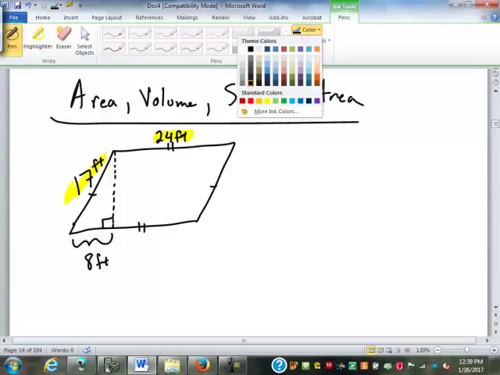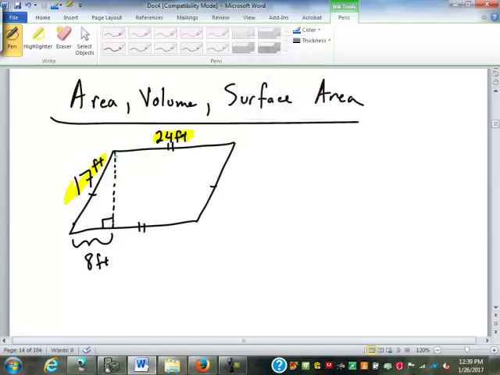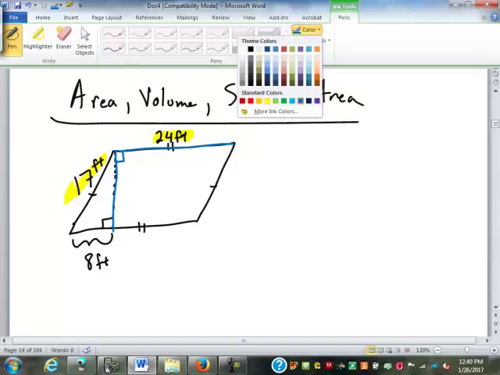No. When I'm looking at areas, I have to have two dimensions that are not equal, but perpendicular. They have to be right angles to each other. So if I'm going to use the 24, I need this dimension here. That would be at a right angle. Can I find that dimension from the information I have?